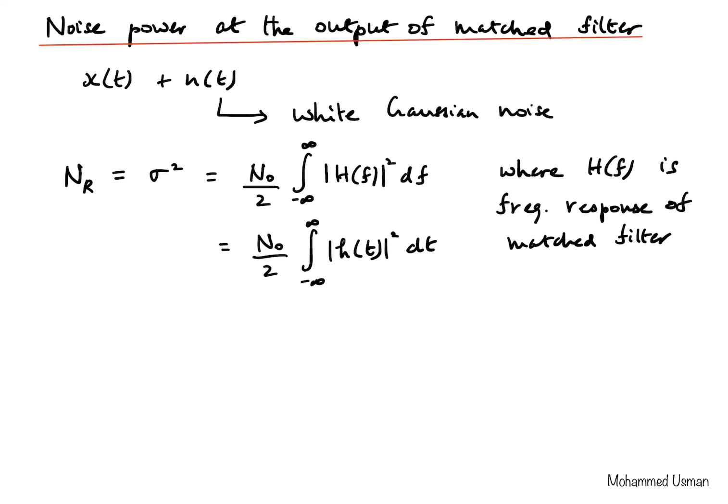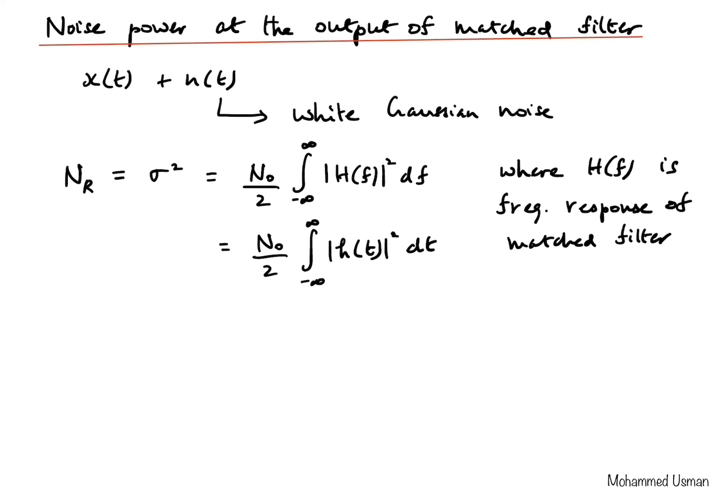The two integrals that we have here are equivalent, so we can replace the matched filter frequency response with the matched filter's impulse response, and integrating would give us the same result.